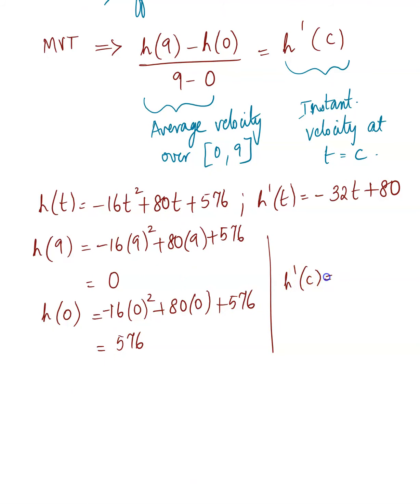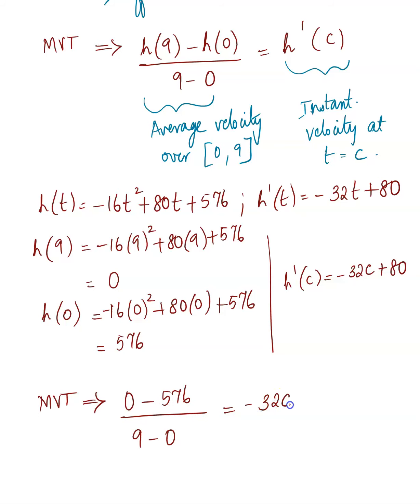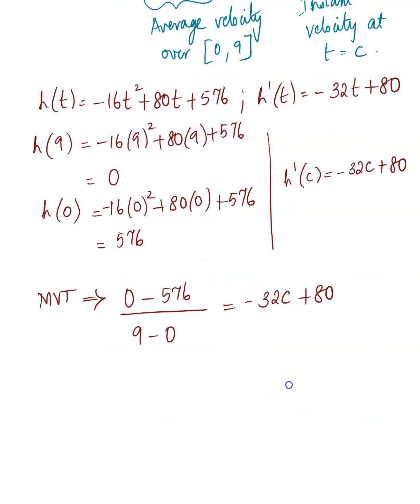H prime of c is negative 32c plus 80. So MVT says 0 minus 576 over 9 minus 0 equals negative 32c plus 80. That gives us negative 576 over 9 equals negative 32c plus 80.